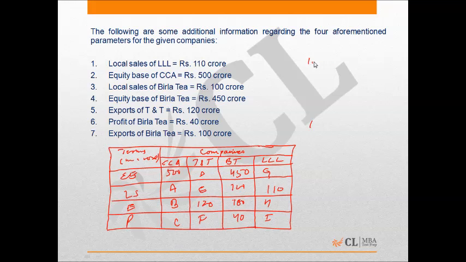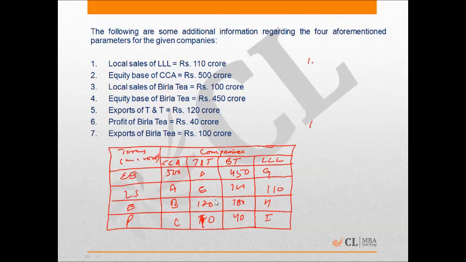So this will give us the value of F, which will be equal to 110 upon 11. It comes out to be 10. So F comes out as 10.